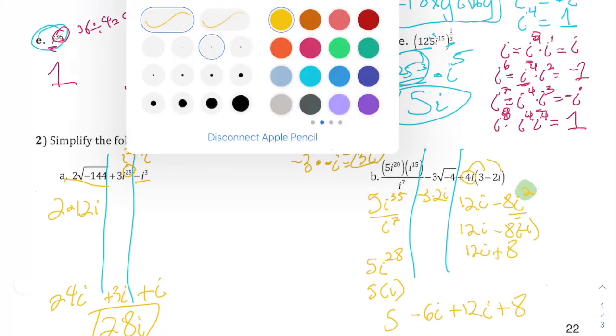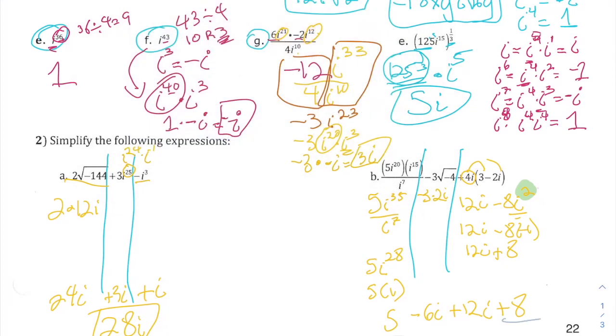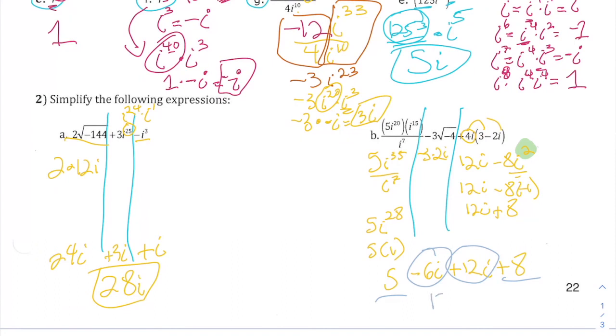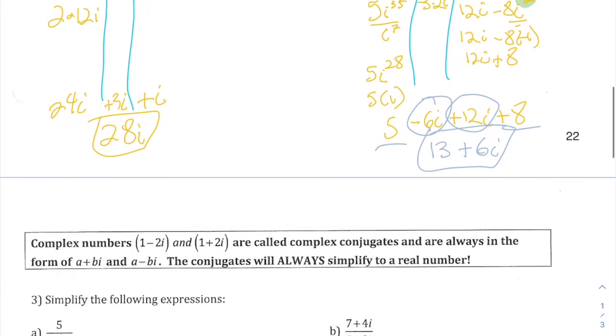And now we combine our like terms, 5 and 8 and negative 6i and 12i, to get 13 plus 6i. So not too bad if you split it up into its separate parts.